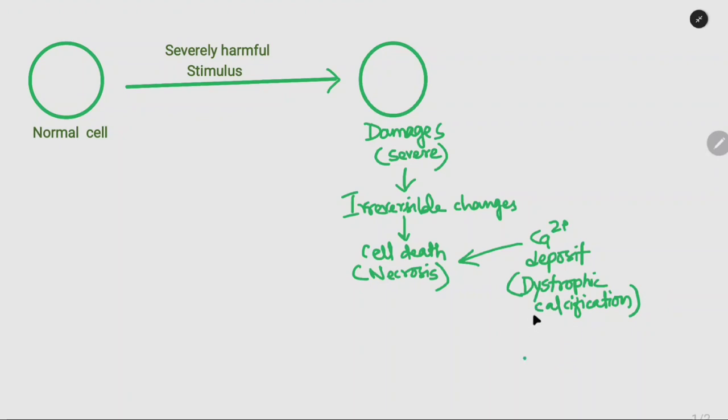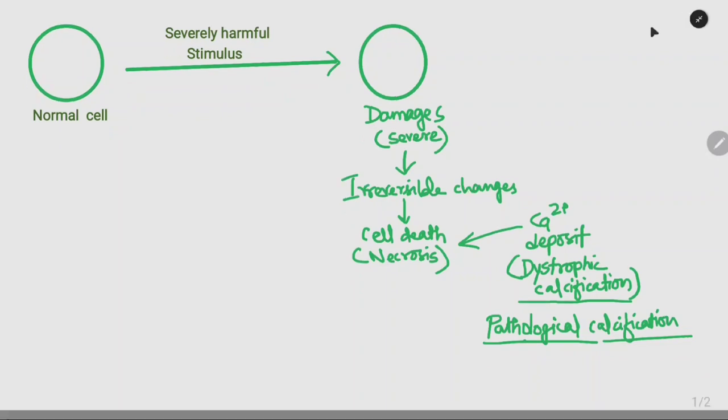This dystrophic calcification comes under a broad term called pathologic calcification. In pathologic calcification, we'll learn about another entity called metastatic calcification. And we will also see the difference between dystrophic calcification and metastatic calcification. All this will be discussed in the upcoming videos.